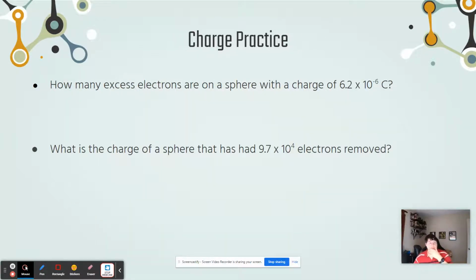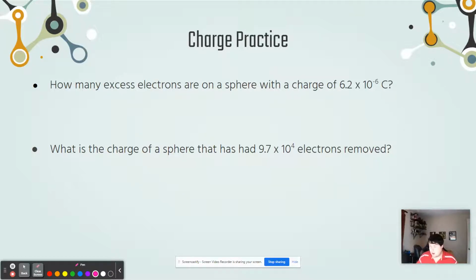Let's look at a few practice questions. First, how many excess electrons are on a sphere with a charge of 6.2 times 10 to the minus 6th coulombs? One thing you can do is use that elementary charge value as a ratio, or if you really want to go crazy, you could do stoichiometry if you're thinking back to chemistry.